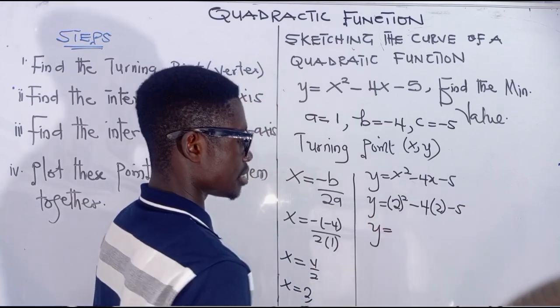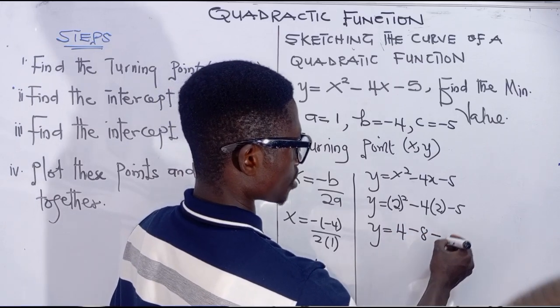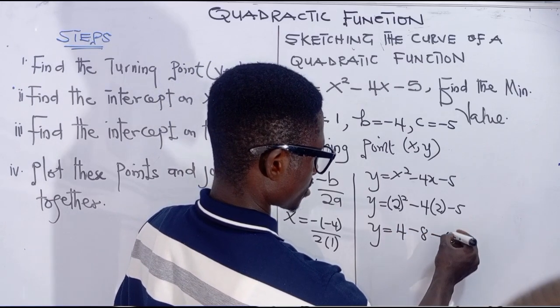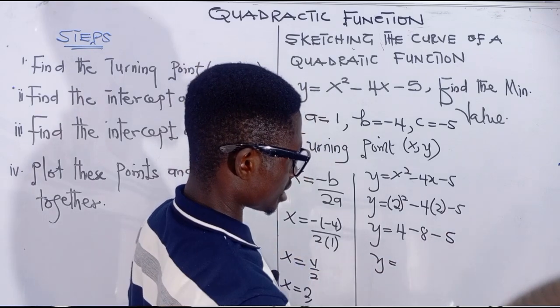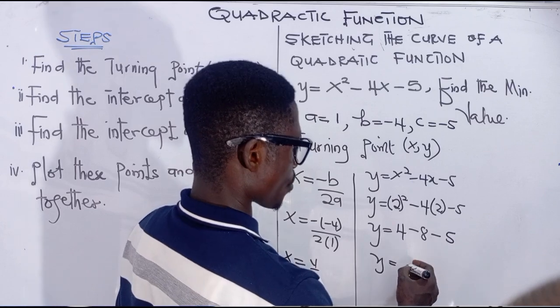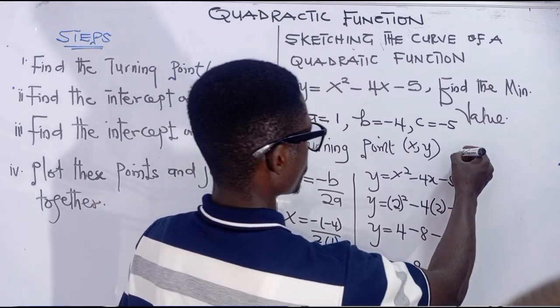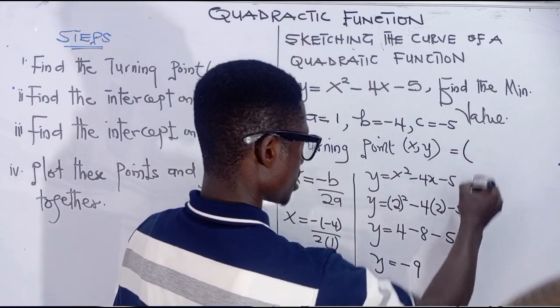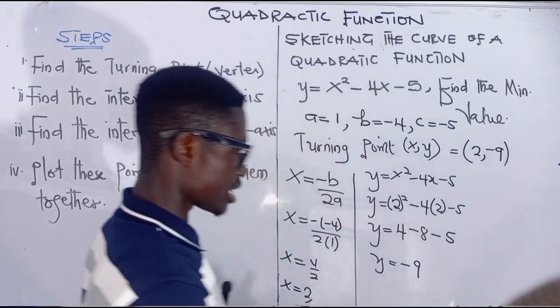So we have our y coordinate to be 4 minus 8 minus 5. This will give us 13 minus 4, we have -9. So the turning point, we are going to have the coordinates 2 and then -9. So we are done with the turning point.